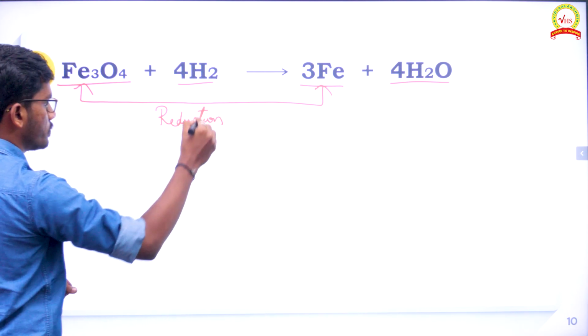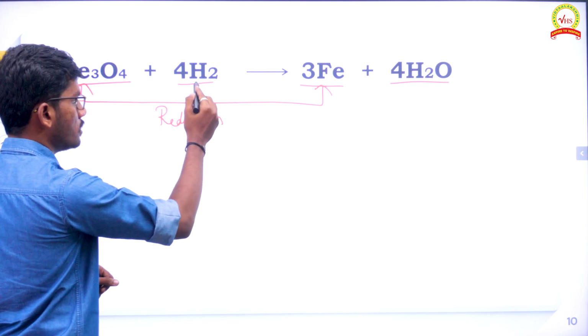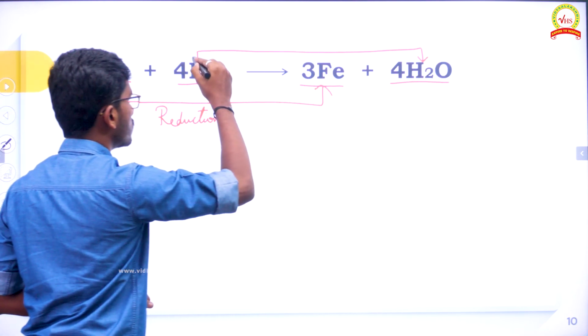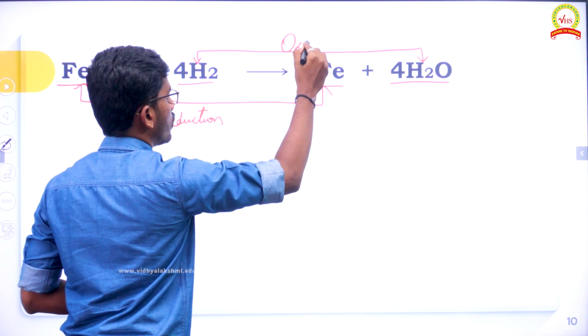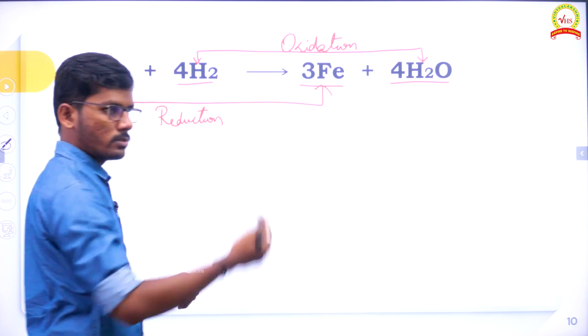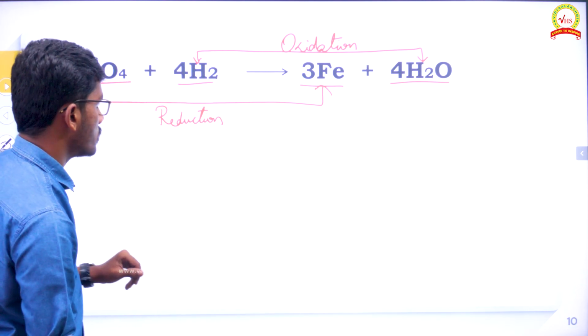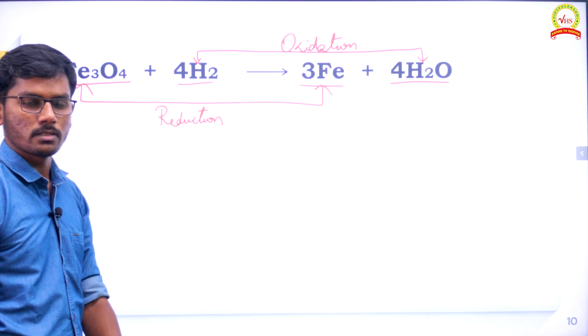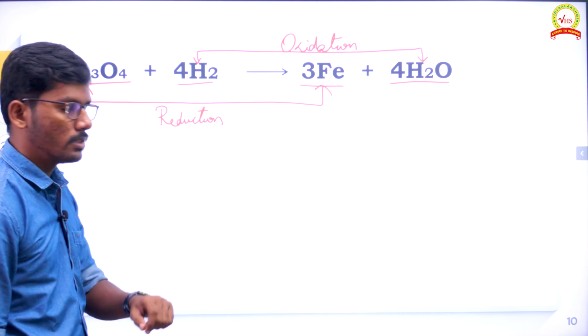So it is going to be called a reduction reaction. The same way, hydrogen is independent, whereas on the product side it is attached with oxygen. So it is going to be what reaction? Oxidation. Addition of oxygen, we call it oxidation. So it is an oxidation reaction, so it is going to be redox. Next, write it in sentences, which is oxidized and which is reduced.